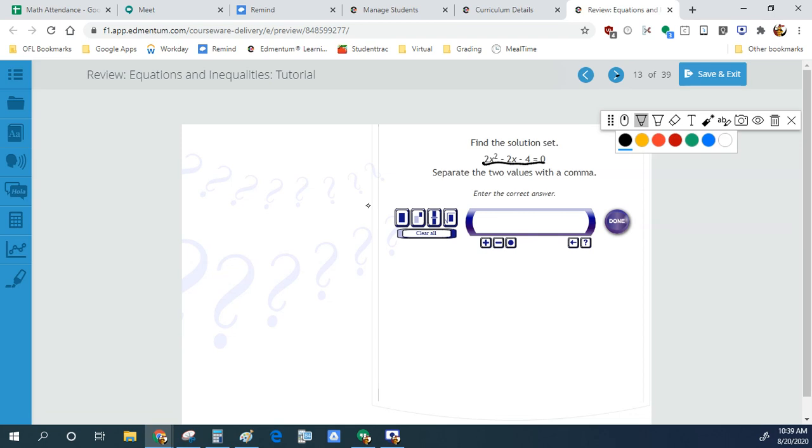Is there something I can divide all of these by, like the coefficients, these numbers in the front? Is there anything I can divide there? Yeah, I can divide it all by 2, which is going to give me this.